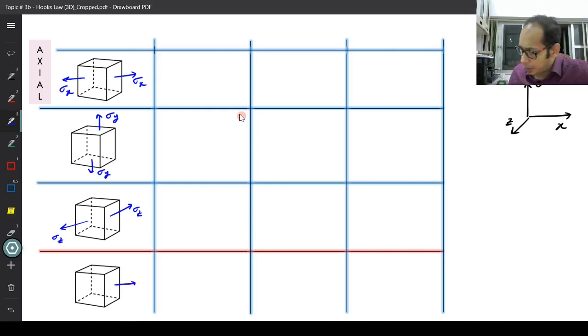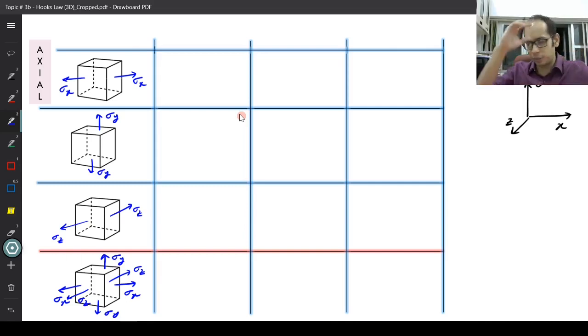So in the fourth cube I have, of course, sigma x, sigma y, and sigma z over here, right? So now I have these individual cases and a combined case which constitutes all of these cases.